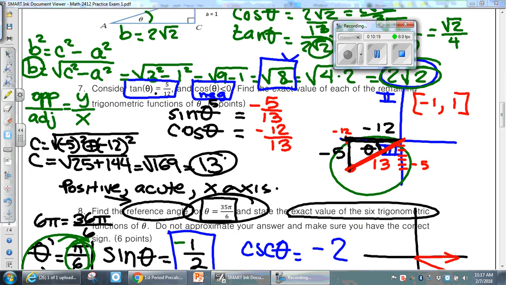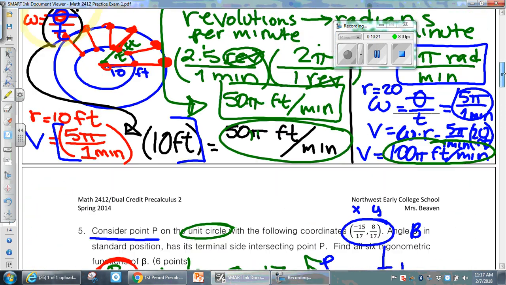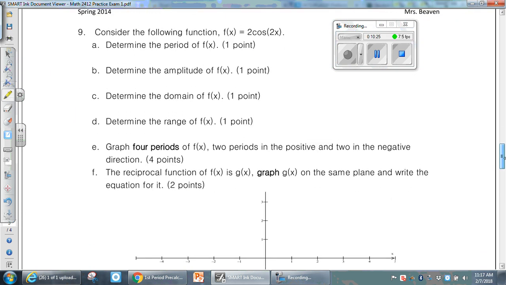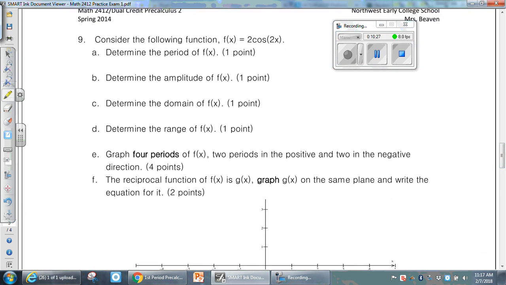So now go to your problem number 9. And I believe the other practice exam has a sine graph instead of a cosine, so it will be good for you to see both, okay? So what it says, first of all, you have a cosine graph, and then you're asked several things, right?